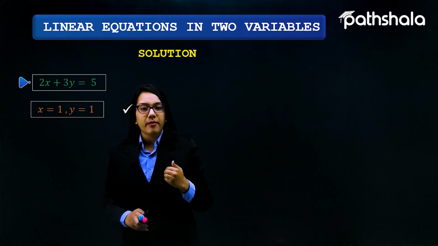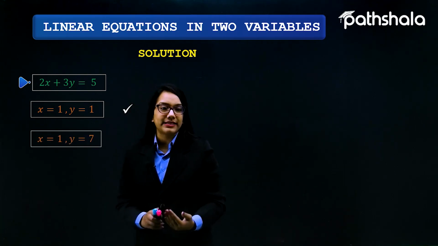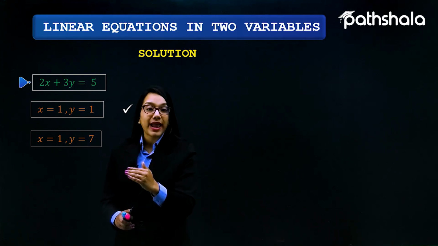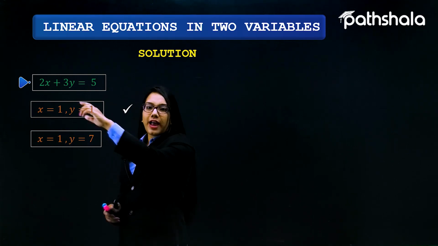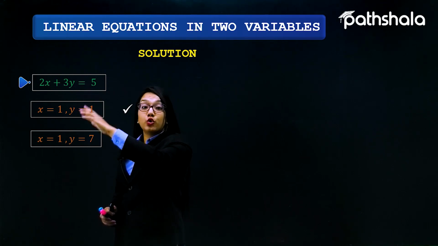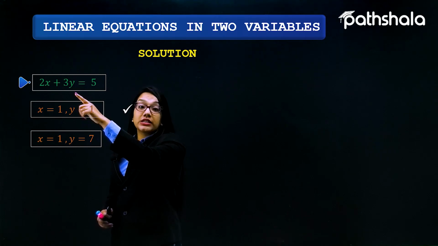Let us suppose I'm taking another example, with coordinates x as 1 and y as 7. Let's substitute x as 1, y as 7 in the LHS of this equation. We have 2x plus 3y. Substituting x as 1, it would be 2 into 1 is 2, plus 3 into y, which is 7.